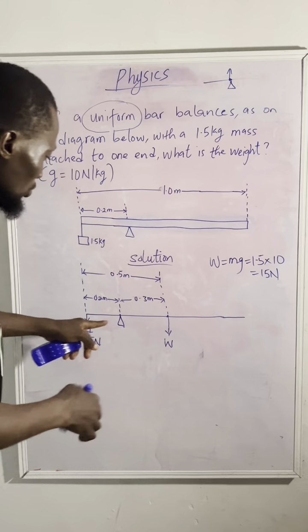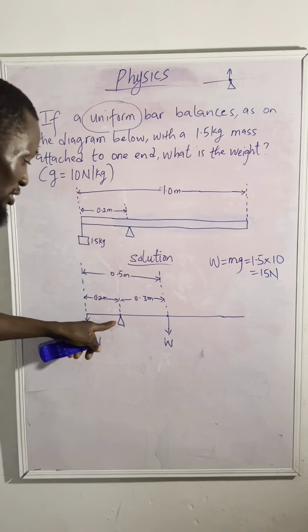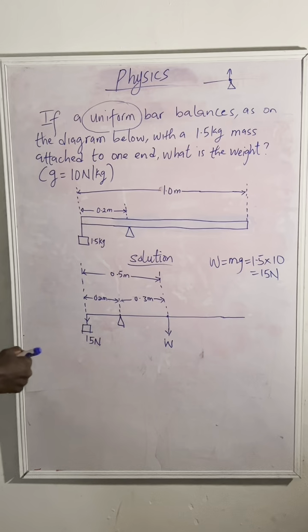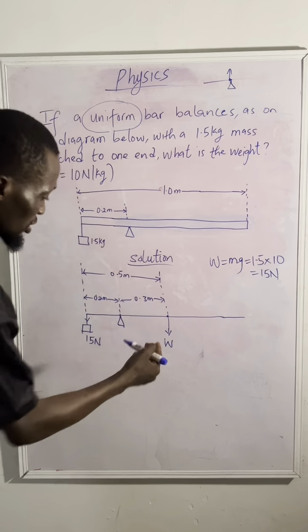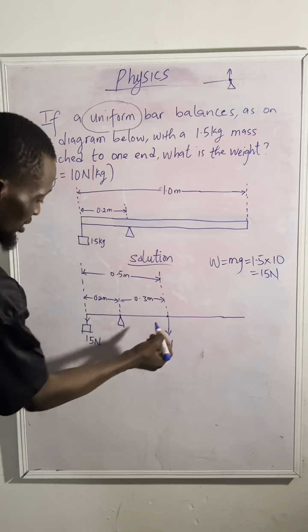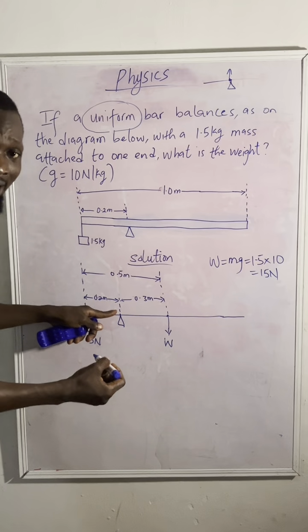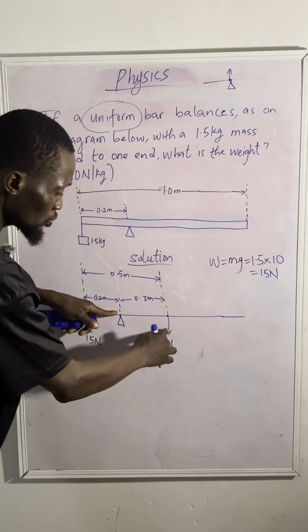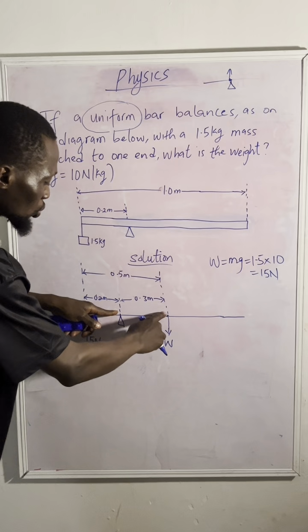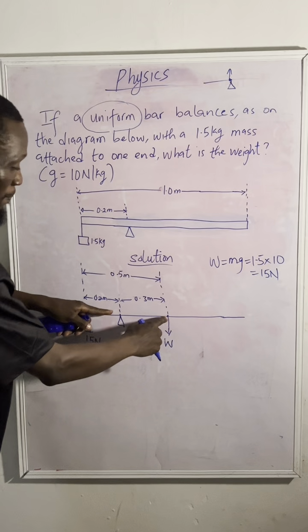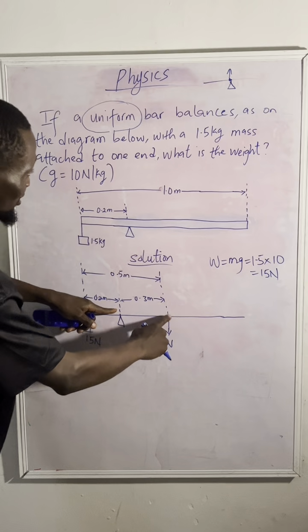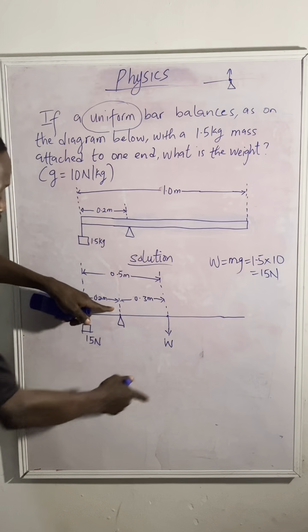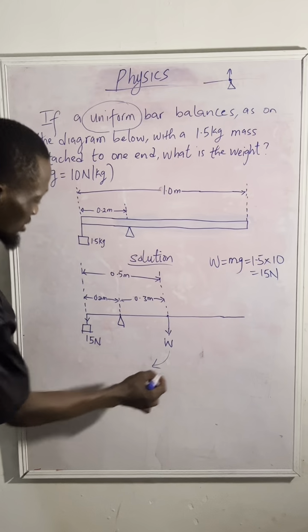So now we are taking moments about this point. Just know this weight, if you are taking moments about it, this is the turning point. So this W, which is the weight, is going to turn this bar like this. Can you see? It's going to turn it like this, which is clockwise.